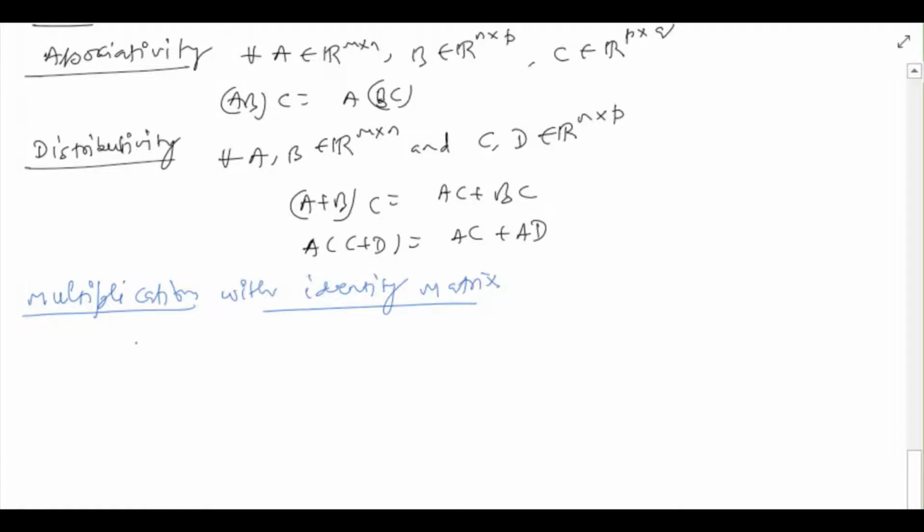It can be easily verified that for all A that are m cross n matrices, I_m times A is A times I_n is A. Here I_m and I_n are m cross m and n cross n identity matrices respectively.